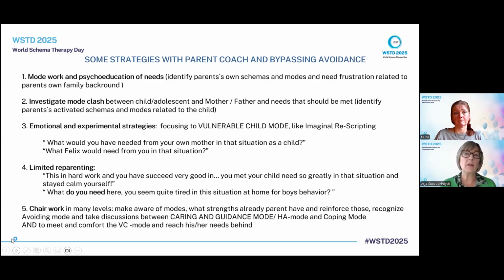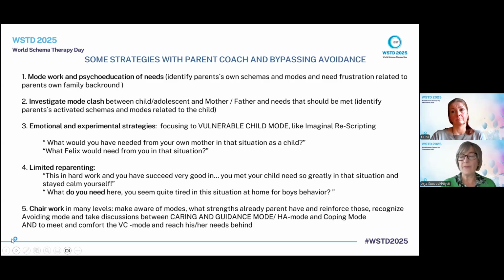We may ask the mother or father, what would you have needed from your own mother in that situation when you were a child? And investigate how that need frustration is related to the situation with her own child. And limited reparenting, to support and encourage the parent in his or her process.